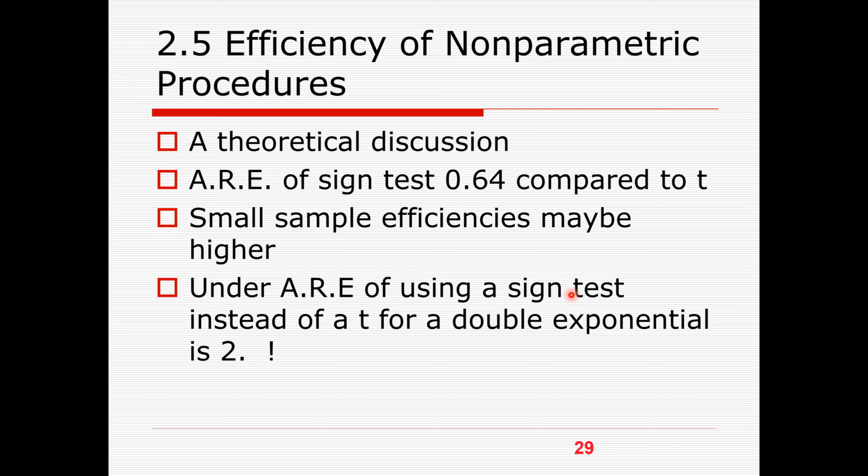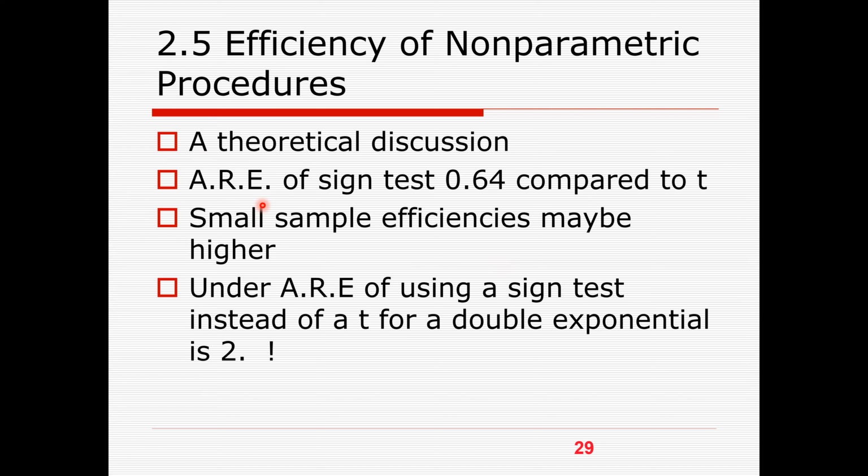To compare the efficiency of two tests, there is a man called Pitman who introduced a concept, asymptotic relative efficiency, ARE for short. I'm not going to go through the details about the ARE because our course is more of an application course other than a theoretical one.